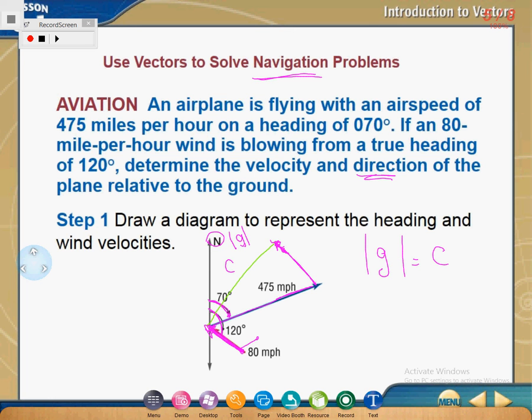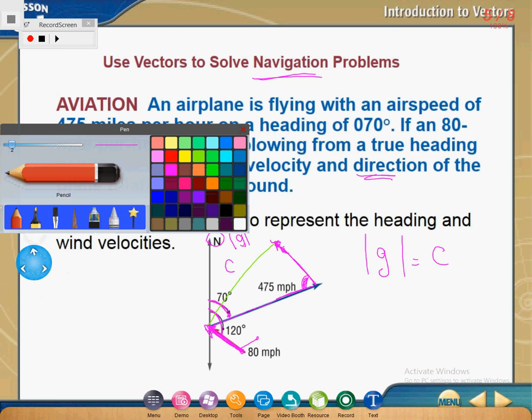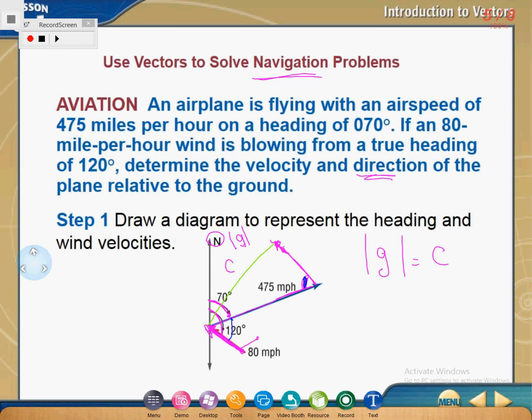Before that, can you tell me what's the angle here? I will give you one mark if you know it. What's the angle? If you didn't know, what's the relation between this angle and this angle? Excellent, they are equal because these two vectors are parallel. We said you should draw in the same direction. So, can I know how much this angle is?